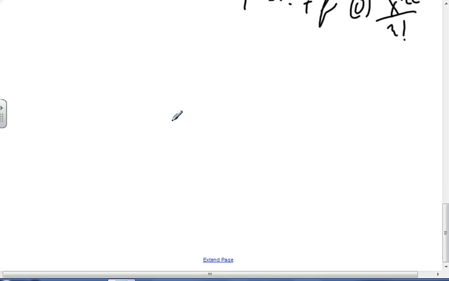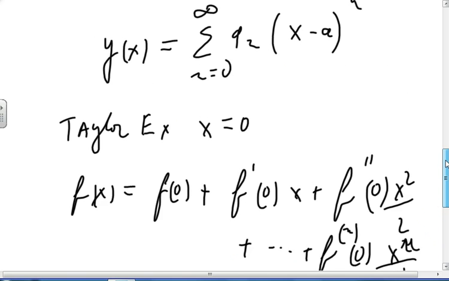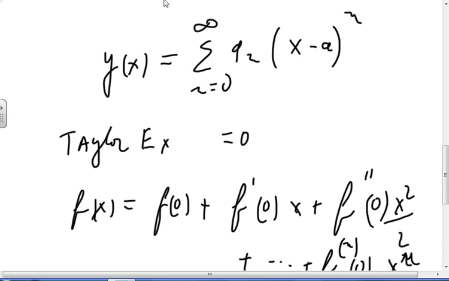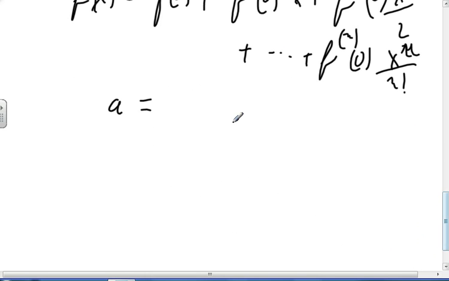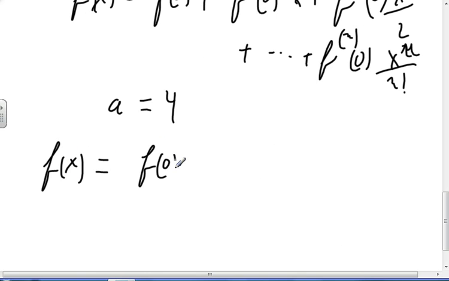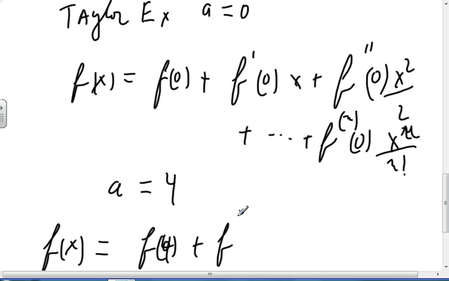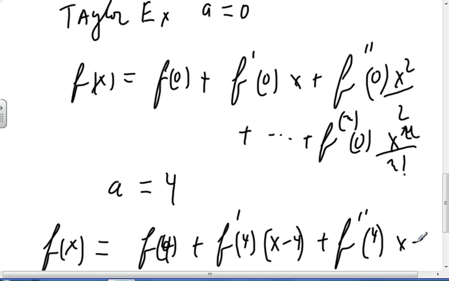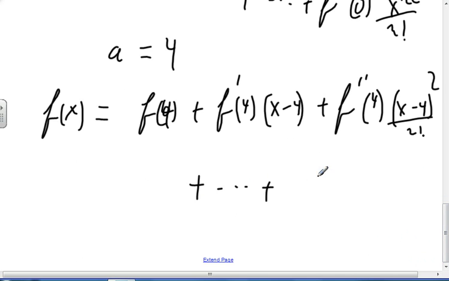Or we could do a Taylor expansion about a equal to 4, and we could say f of x about that would be f at 4 plus f prime at 4 times x minus 4 plus f double prime at 4 times x minus 4 squared over 2 factorial, plus and so on, plus f to the n at 4 times x minus 4 to the n over n factorial.